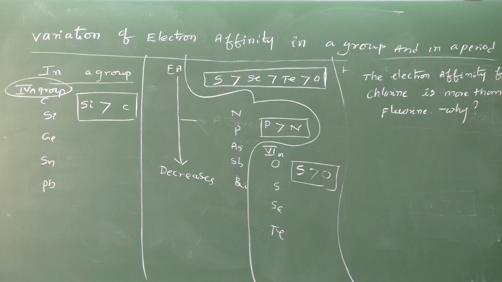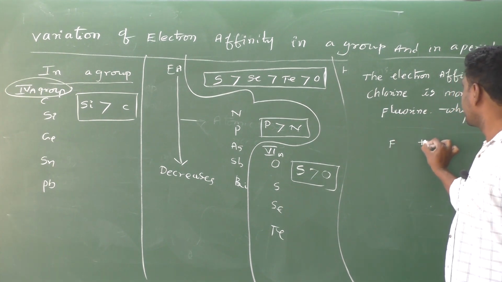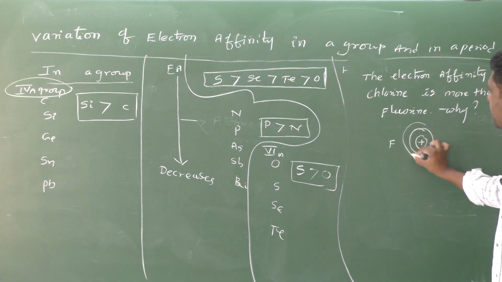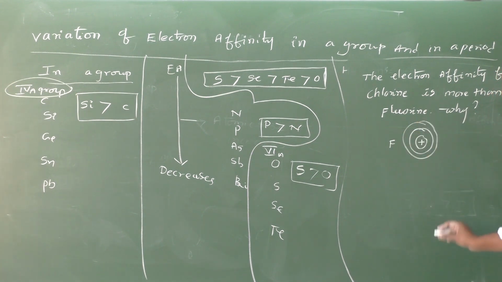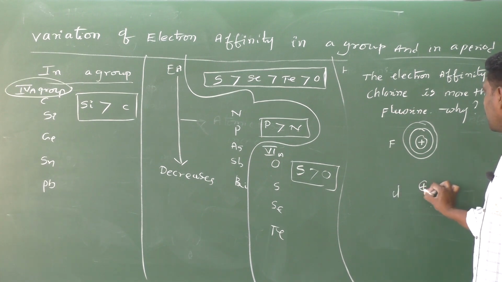Fluorine's atomic size is very small: 1s2, 2s2, 2p5, so one shell and two shells. Chlorine's atomic radius is larger than this.